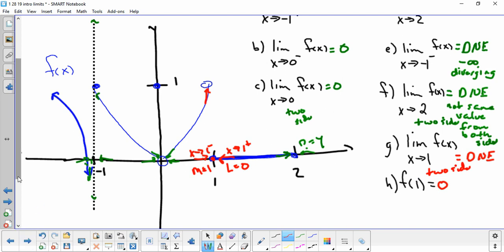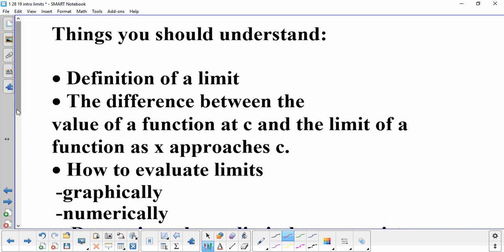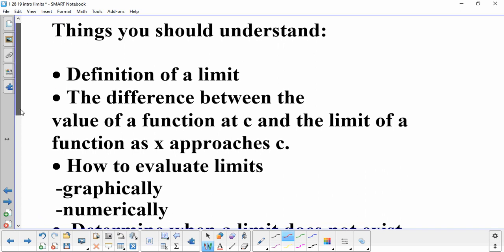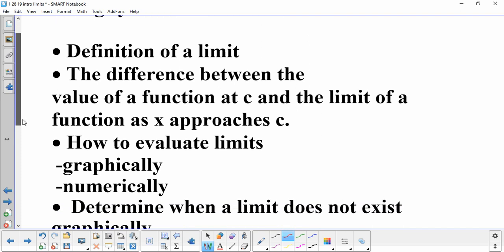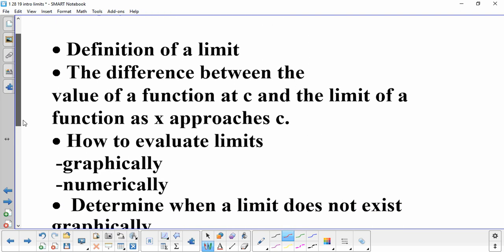Well, I hope that made sense because we are done. The things you should know is the definition of a limit. We talked about that. Get arbitrarily close to a unique number L as x approaches c from either side. The difference between a value of a function at c and the limit of a function. A function at c is the actual value.